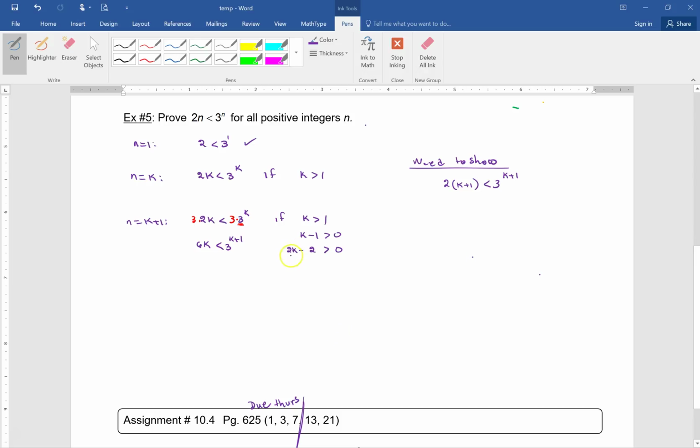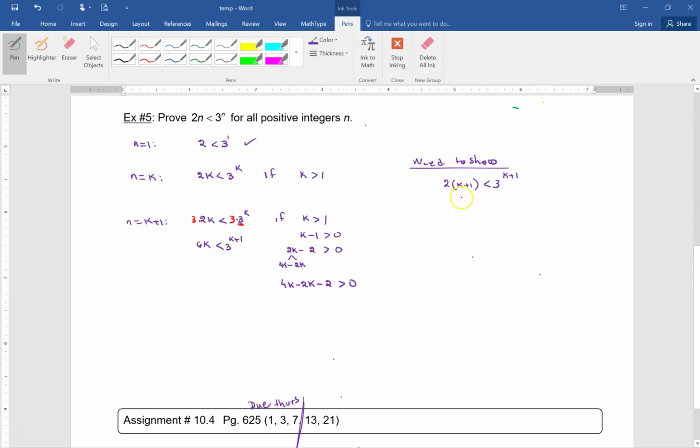So now, how can I write this 2k? If I do 3k minus k, then I get that 3, which I don't want. See, I want a 2, so I want to keep things even. So why don't I do 4k minus 2k? Okay? So what I have now is 4k minus 2k minus 2 is greater than 0.